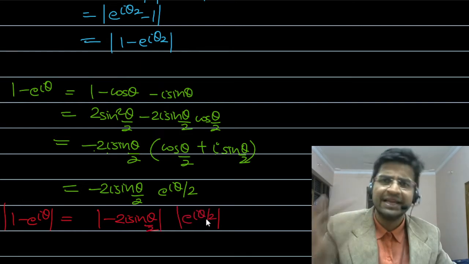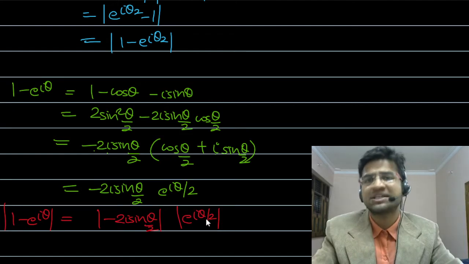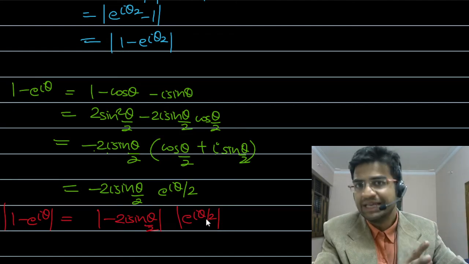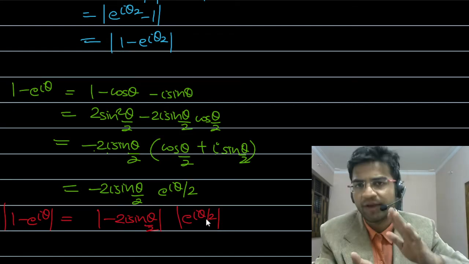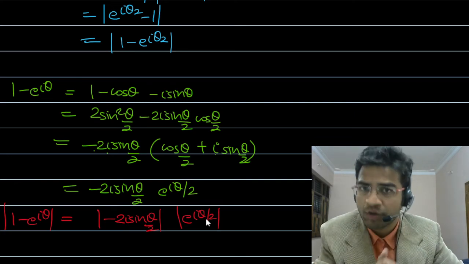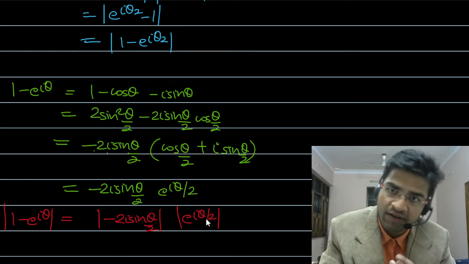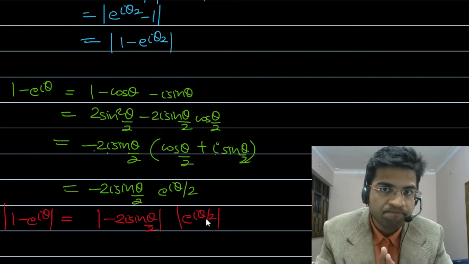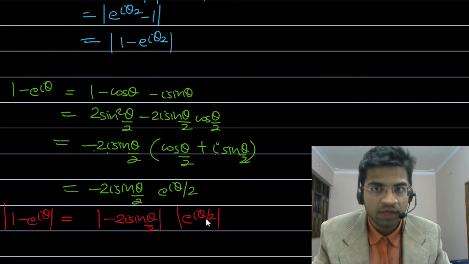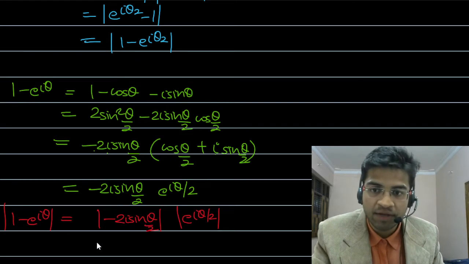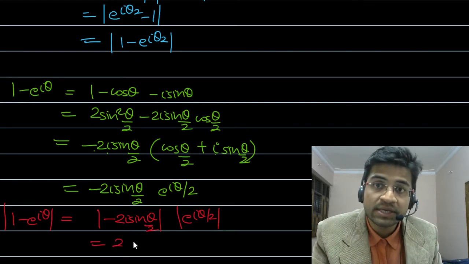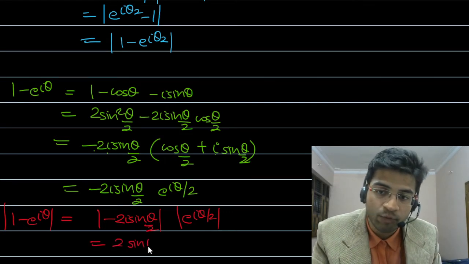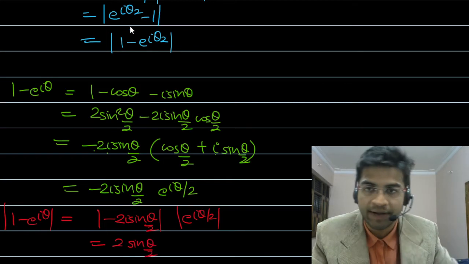Now mod of e to the power iota theta by 2 is nothing but 1, right? So the second expression is 1 and the first expression, minus 2 iota mod is 2, right? So the result is nothing but 2 sin theta by 2, okay?